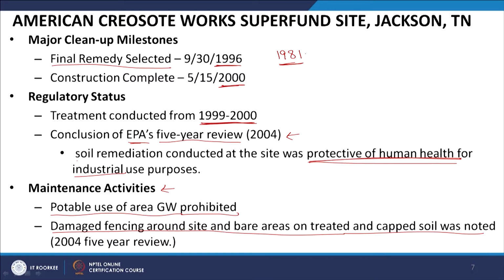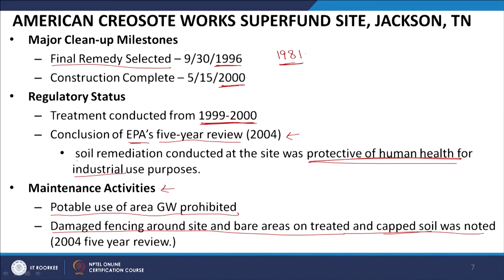And secondly, there are going to be other variables at play. For example, here they looked at damaged fencing, as in now people, children, or any other people can access this site. That is something you do not want to happen, right. And also there are some capped soils that seem to be damaged now. So, obviously that is something to keep in mind, right.